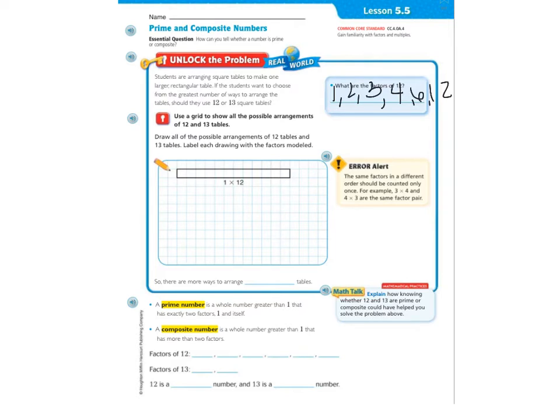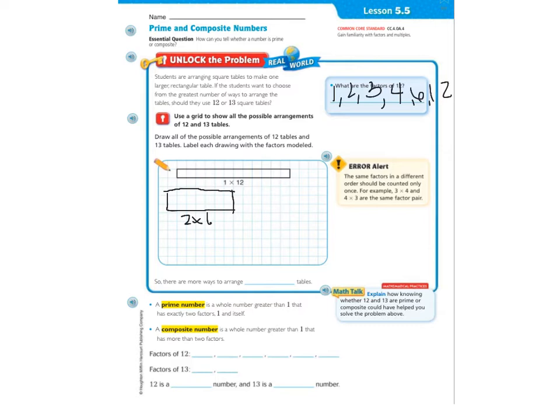That also gives us 12. So let's model this. We're going to go up 2, 1, 2, and over 6, 1, 2, 3, 4, 5, 6. I know that's a little off, but bear with me. So that's going to be 2 times 6.